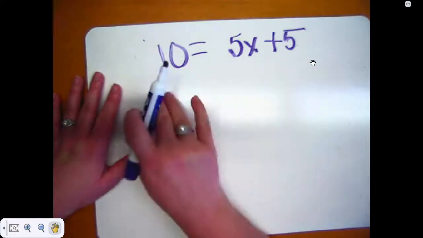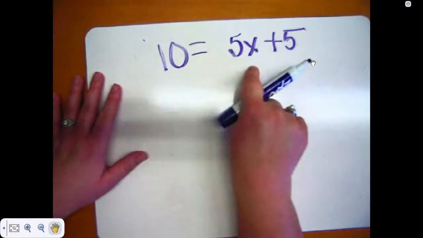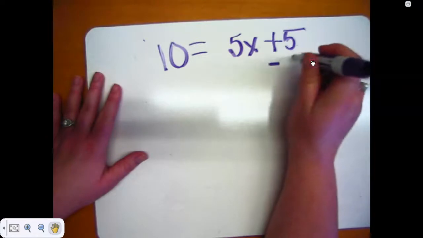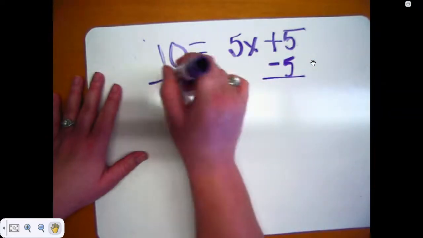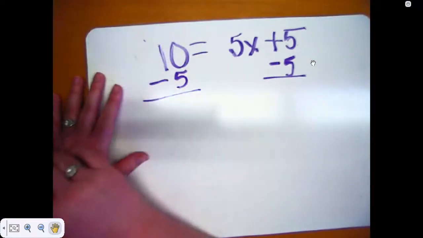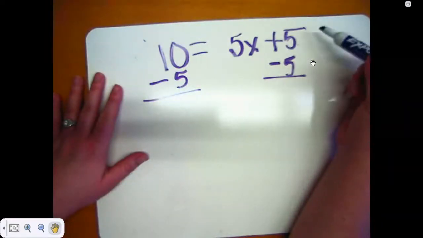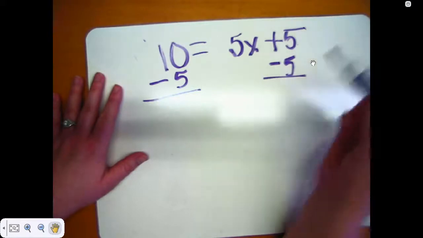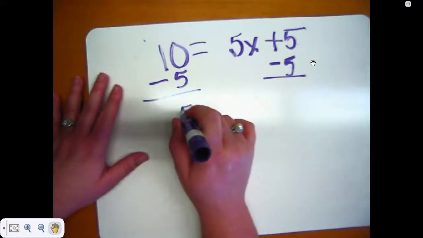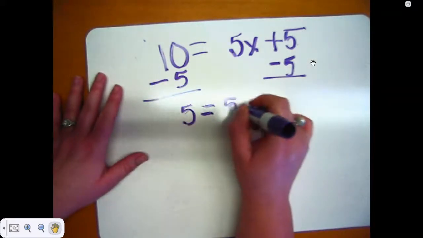You're just going to the other side with it. So we still want to get our x by itself. So we're going to subtract 5. And we will subtract 5 from both sides. We're doing the inverse operation. Positive 5 and negative 5, that's inverse operation. So 10 minus 5 is 5. And that is equal to 5x.